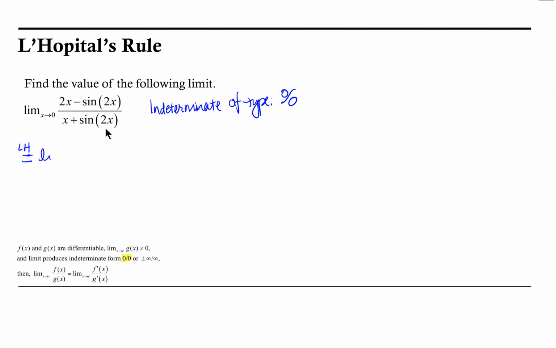So this will be equal to the limit as x approaches 0. Now be careful, do not confuse L'Hopital's rule with the quotient rule. L'Hopital's rule tells us that we will take the derivative of the numerator. So the derivative of our first term is 2 minus the derivative of our second term.